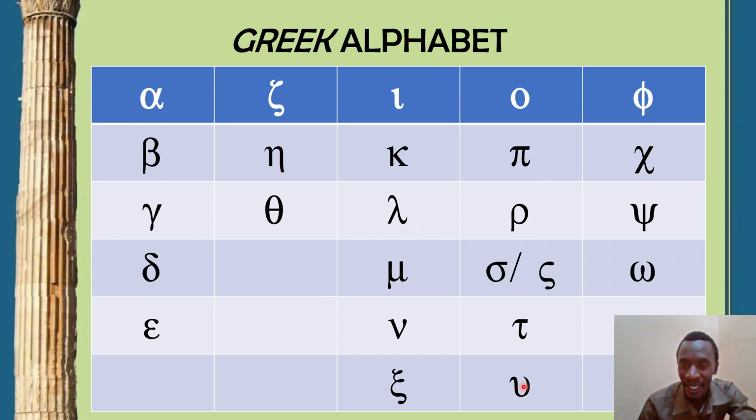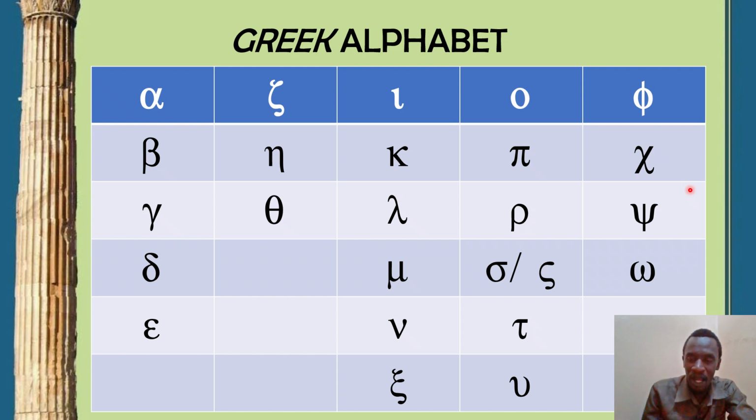And then at the end, you have what we call these strange ones, but I'll tell you how I memorized these three: phi, chi, and psi. I remembered that the people who like chips, and I created this name: Phi Chips.